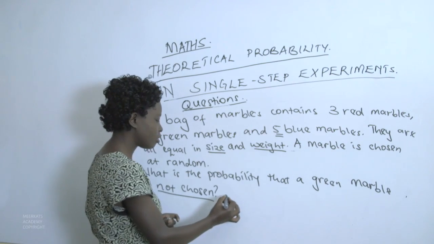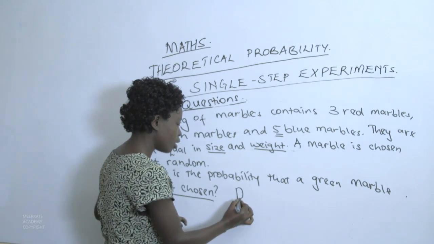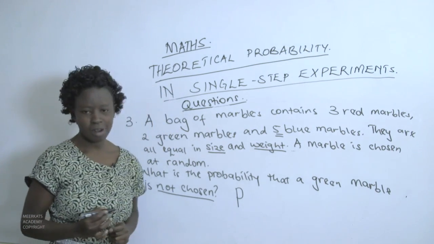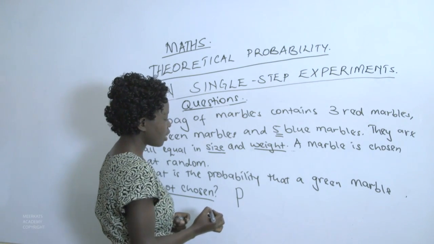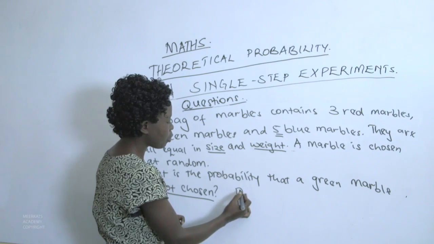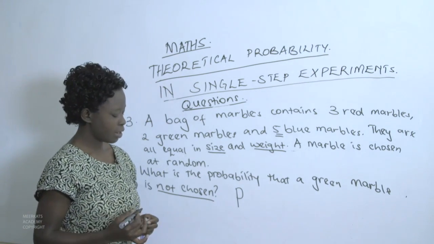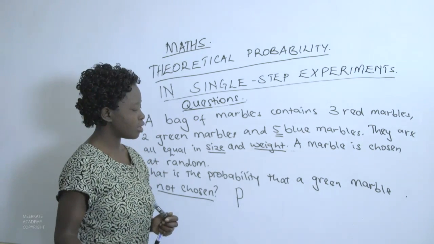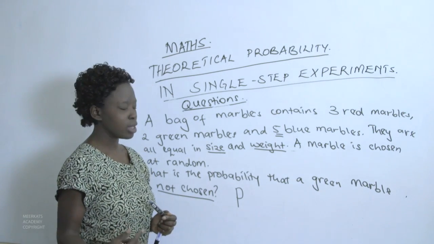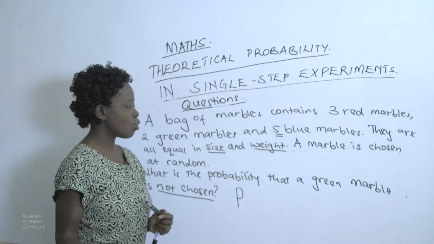As we were looking at complementary probabilities, we simply said that the probability of an event happening plus the probability of it not happening will give us 1.